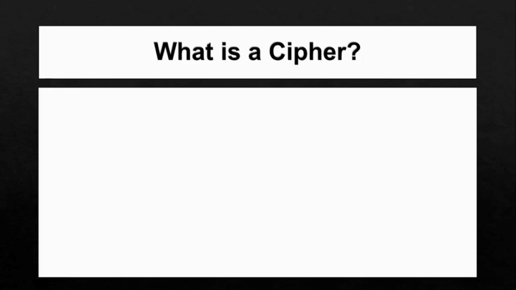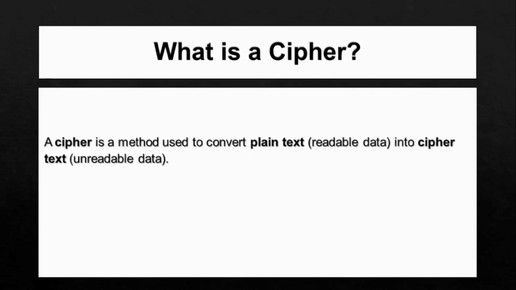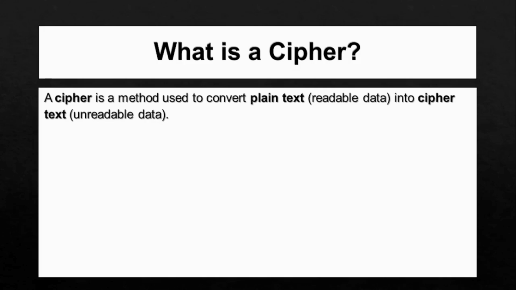Next, let us understand what a cipher is. A cipher is a technique or algorithm that is used to perform encryption and decryption. It defines how plain text is converted into cipher text. Different ciphers use different mathematical rules to secure information.